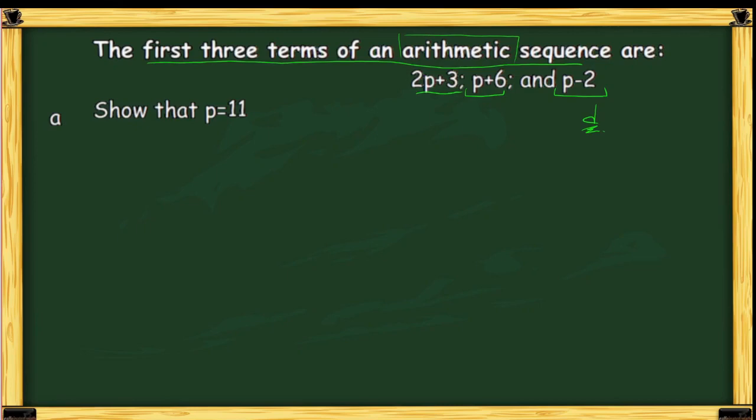Which means what? Well, we use this bit of theory. Term 2 minus term 1 is going to be equal to term 3 minus term 2. And if we extend it, we'll have term 4 minus term 3, and then term 5 minus term 4, and so on and so on ad infinitum.